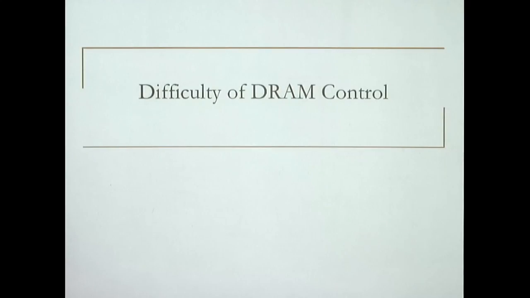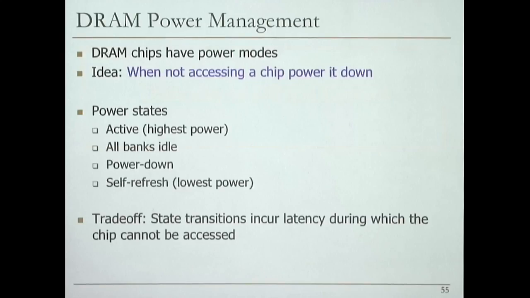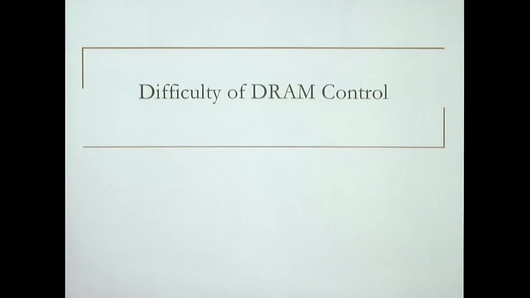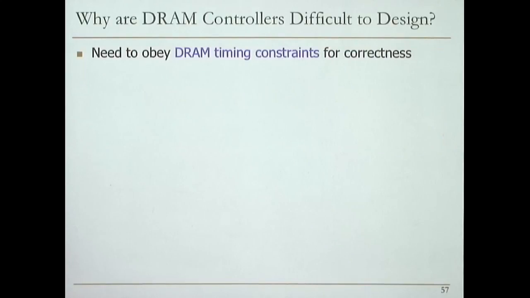OK. Let's continue with DRAM control. I've given you examples of what you can control, but DRAM control is actually more difficult than it looks. Why? You need to obey the DRAM timing constraints, and we've covered some. For example, you need to activate a bank before you can access a row, and activation takes some time, and you cannot access DRAM before that.